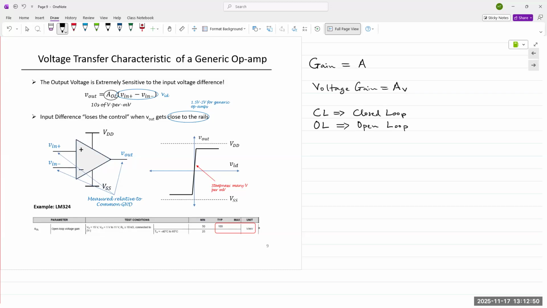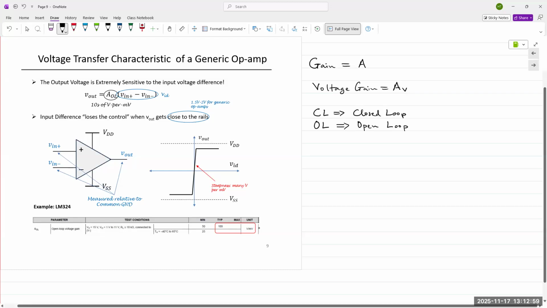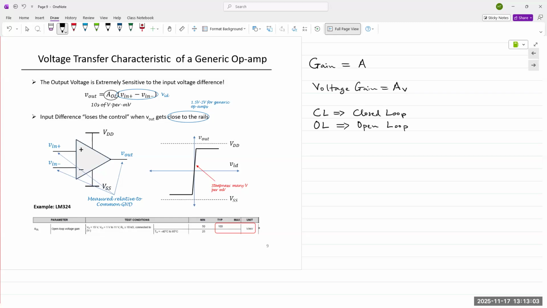Now, one of the most important properties of an ideal op-amp is that the open loop gain is infinite. Open loop gain is infinite, meaning we could feed it like 0.1 millivolts or something and multiply it by infinity. That's, of course, for an ideal op-amp.